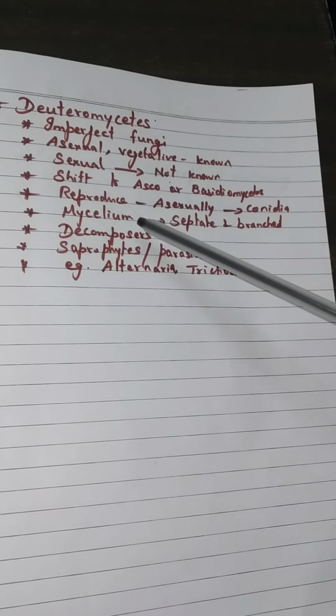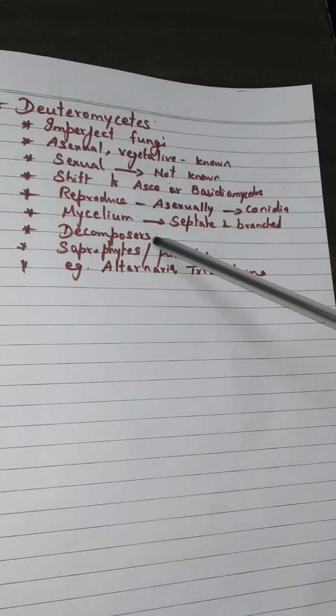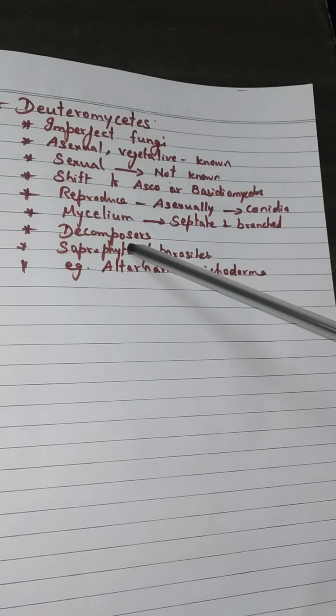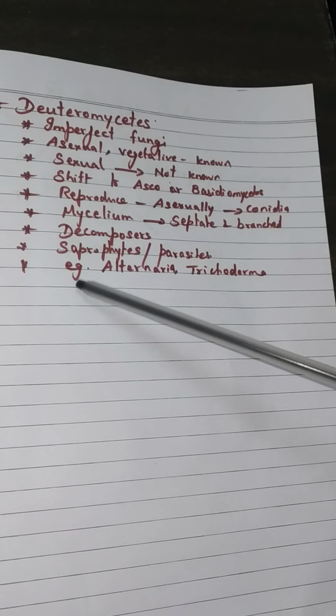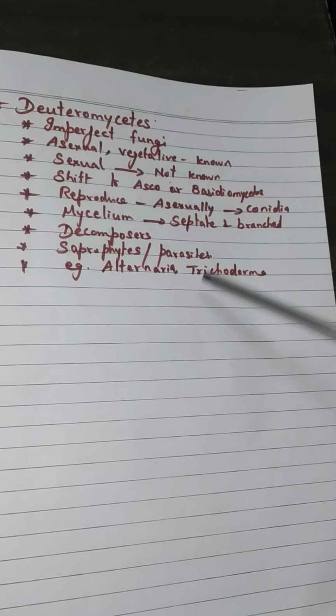They reproduce asexually by producing conidia, and the mycelium is septate and branched. Some are decomposers, some are saprophytes, and some are parasites. Examples are Alternaria and Trichoderma.